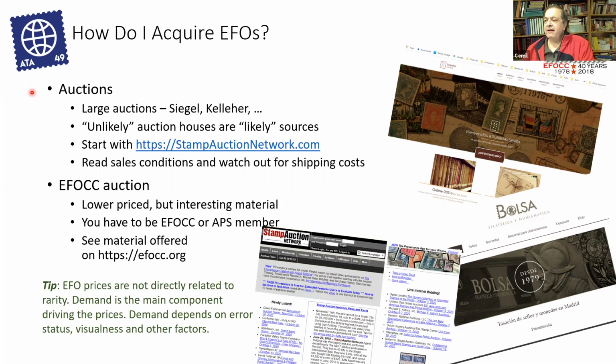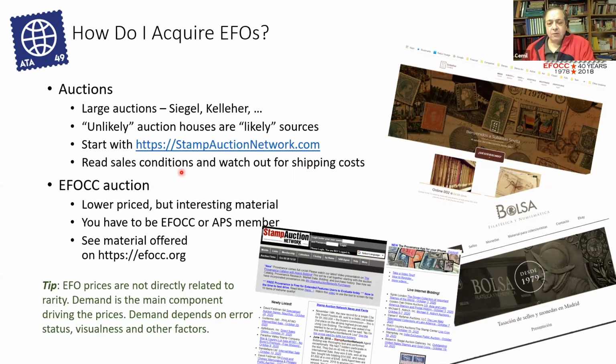And there you will find many smaller auction houses that will have EFOs that are priced very reasonably. I have come across two Spanish auction houses, one in Madrid, one in Sevilla, where I bought from them repeatedly, and the prices have been excellent.